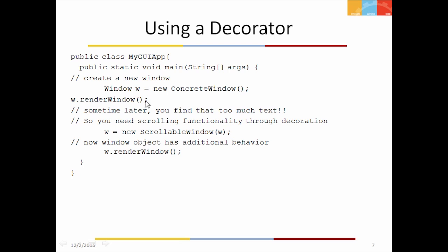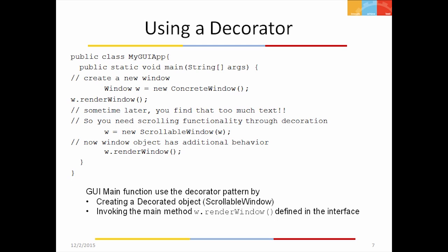This W was the simple or concrete window. I pass this here, and then this becomes a decorated window. And then when I call w.render window, this W will have additional behavior, not just the behavior which was there before, but also additional behavior with respect to the scrollable window.